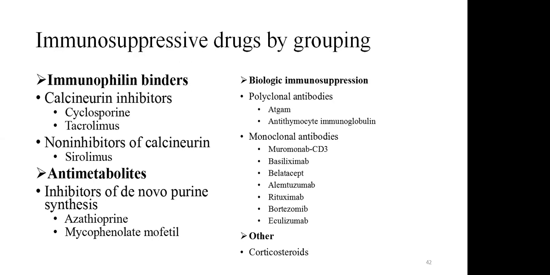These are classes of the drugs used for immunosuppression. We have the immunophilin binders. On that, we have two categories: the calcineurin inhibitors, cyclosporin and tacrolimus, then the non-inhibitors of calcineurin, which is sirolimus. We have the antimetabolites, azathioprine and mycophenolic acid.